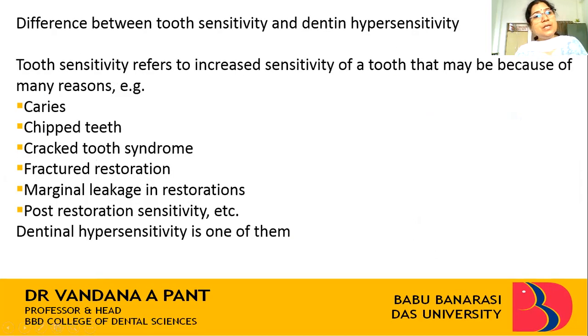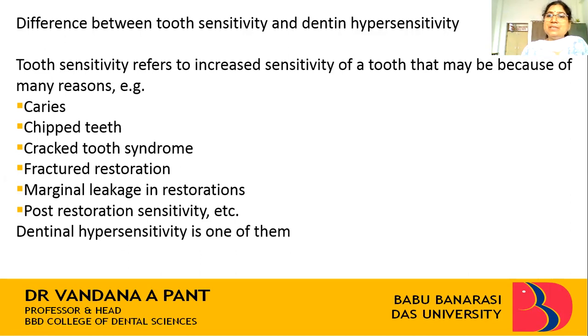Now there is a difference between tooth sensitivity and hypersensitivity. Tooth sensitivity refers to increased sensitivity of a tooth, and there are many reasons for that. It can be caries, chipped teeth, cracked tooth syndrome, fractured restoration, marginal leakage in restoration, post-restoration sensitivity, etc. So they will not be called hypersensitivity, they will be called dentin sensitivity.